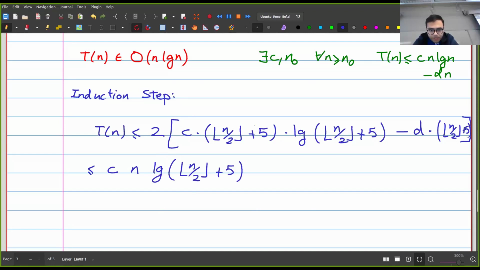And then I have this plus 5, so I have 2 C5, that's 10C log of n over 2 plus 5. I'm really bad at algebra. I hope I'm not screwing this up. And then I have minus 2d times n over 2 plus 5.